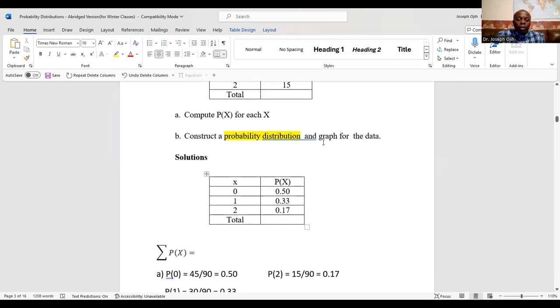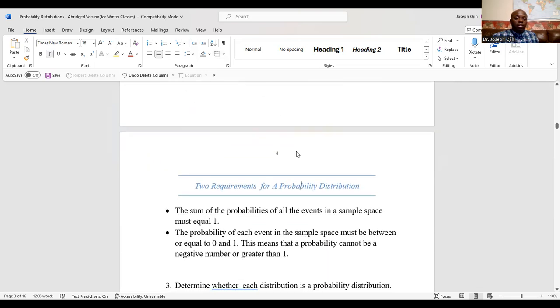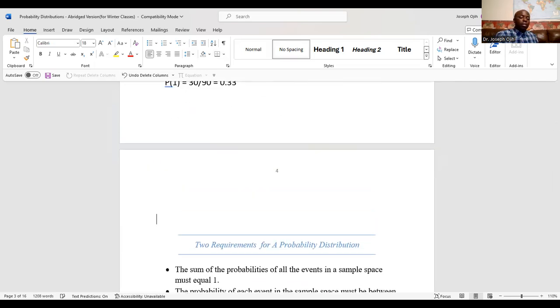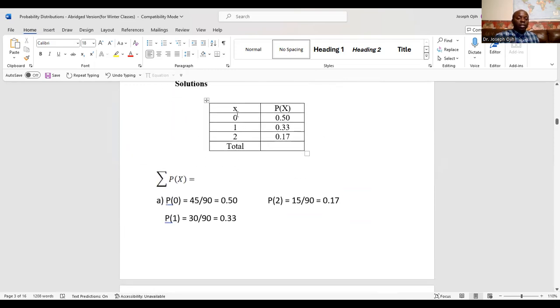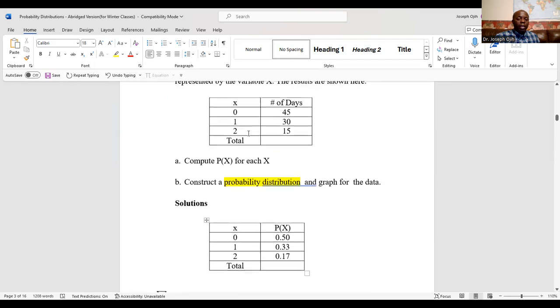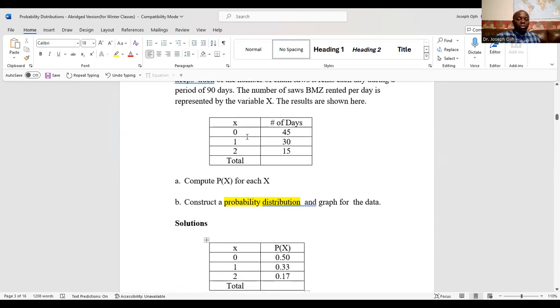Now the last part of the question is to graph the data. I'm going to graph this data. We have X as 0, 1, 2, and X stands for the number of chainsaws rented.